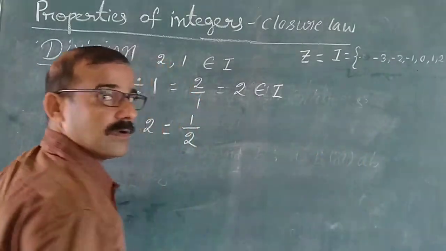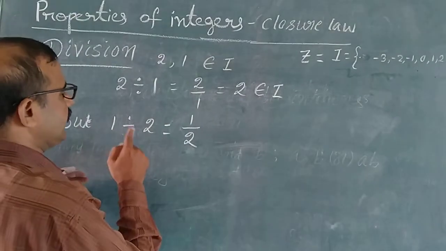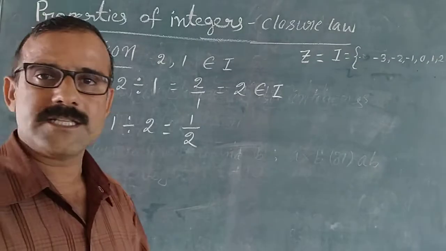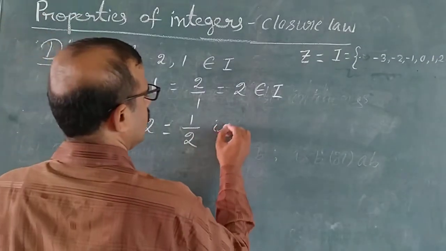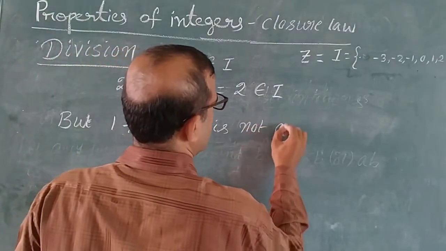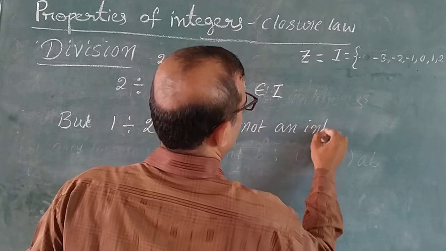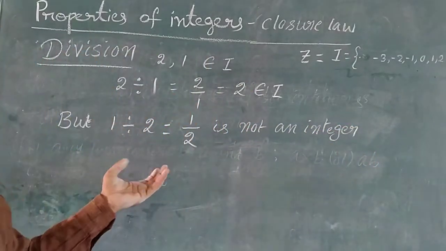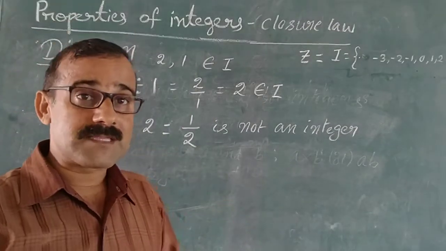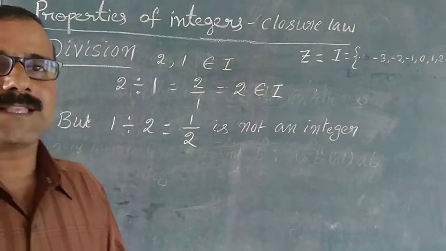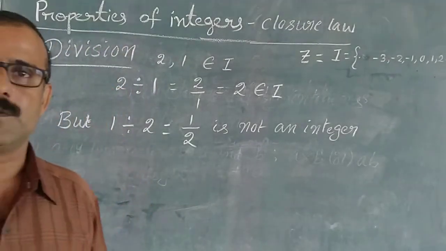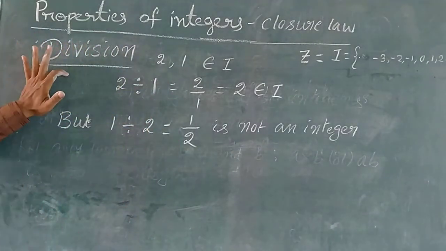No. Its value is 0.5, which is not an integer. So in some cases it may be possible, in other cases it may not be possible. Few cases may be possible with respect to division.